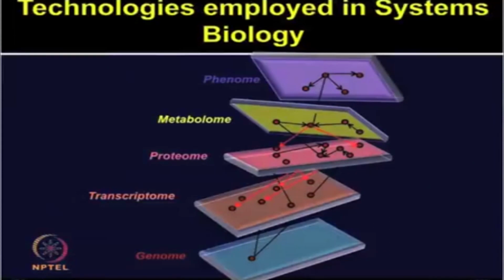So, as you can see here, to generate systems level information, the system study requires different types of technologies which could be employed in biological systems at the genome level using high throughput sequencing and high density arrays; transcriptomics, with different types of transcriptome analysis using RNA sequencing and microarrays; proteome, where we discussed many methodologies; metabolome, using either NMR or mass spectrometry; and then phenome, which studies images by using PET or NMR methods.